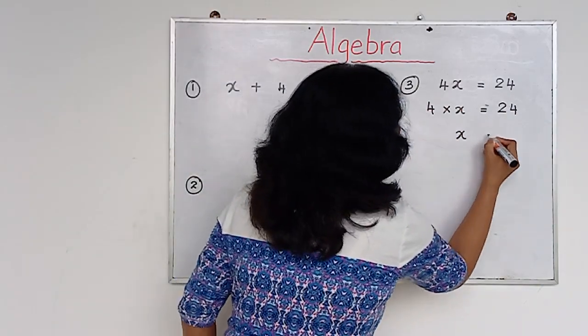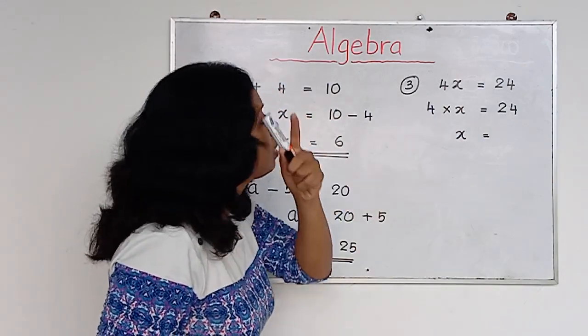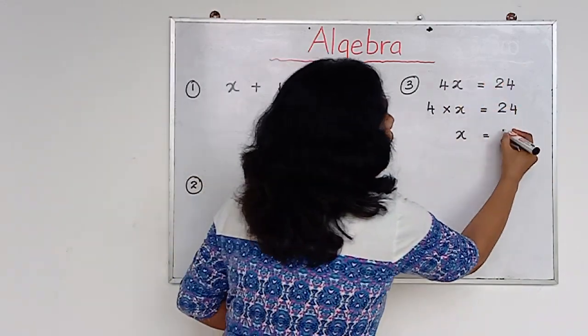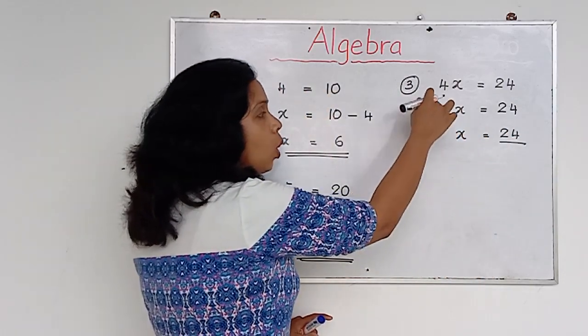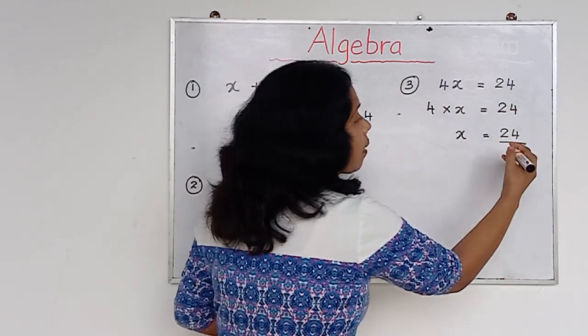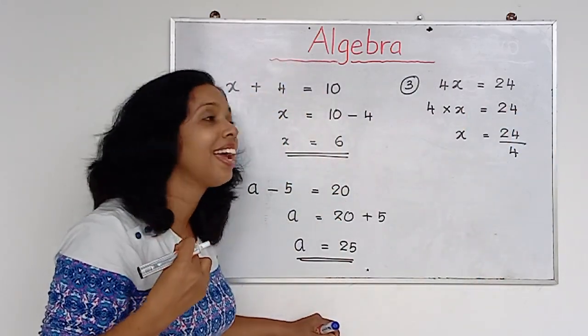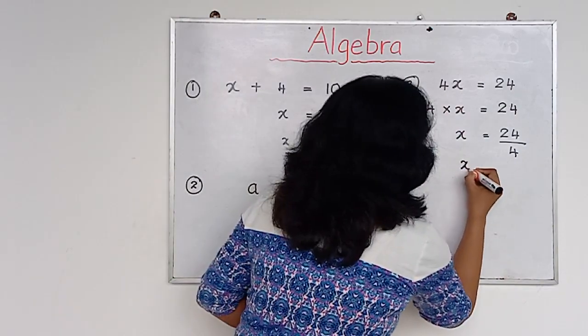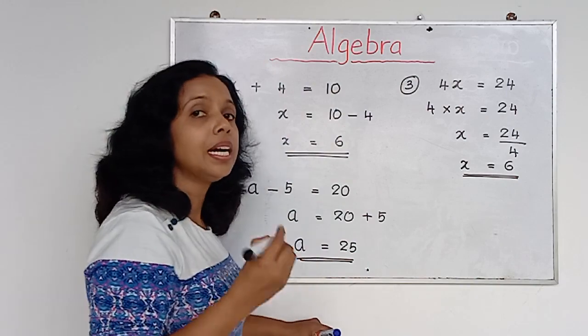Then this 4 goes to the other side. As this is a multiplication, when this number goes to the other side, it becomes a division. Then 24 divided by 4, so x is equal to 6. That is question number 3.